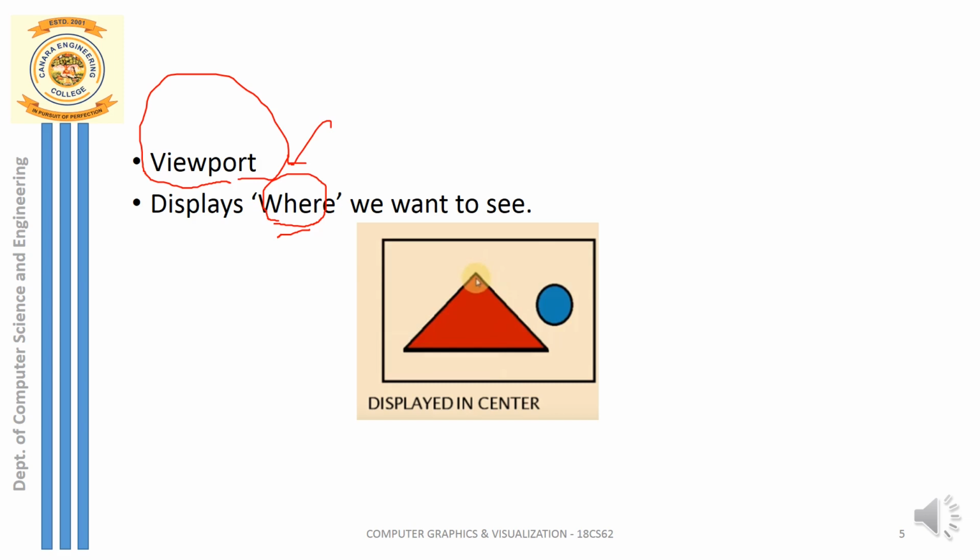And this viewport, as the name itself indicates, is the display window in which you are finally viewing the image, where exactly the final image is displayed. By default my display window is the entire monitor screen, but I don't want this entire screen to act as a display window.